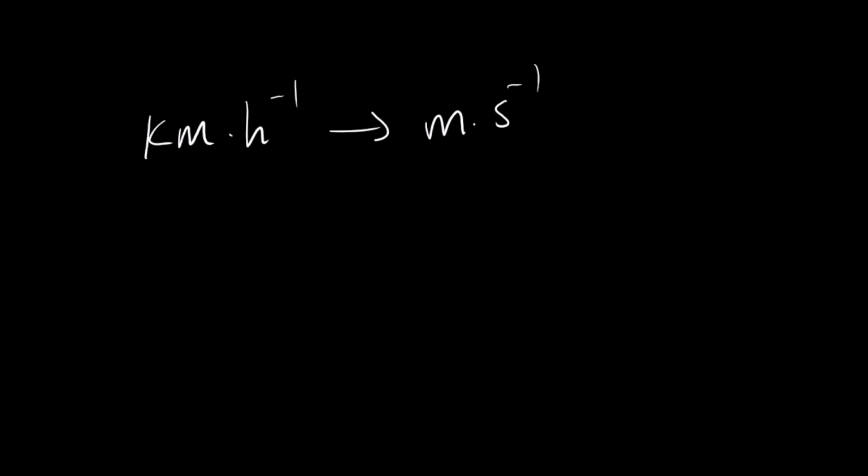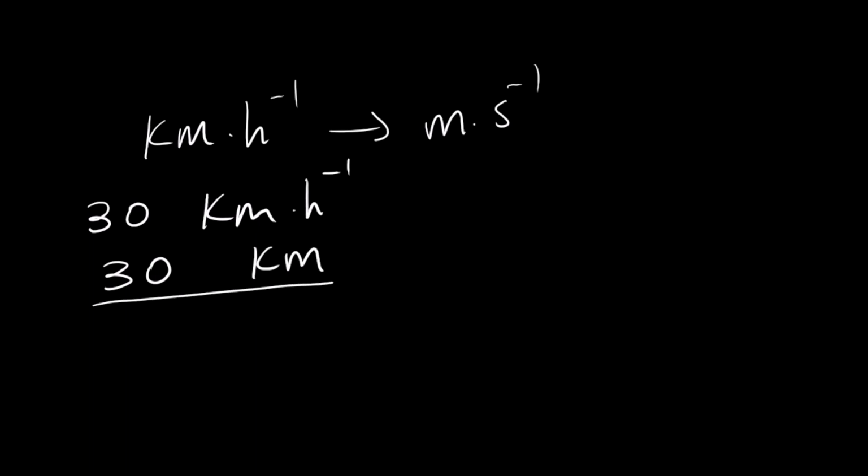Suppose we have 30 kilometers per hour. We want to convert 30 kilometers per hour to meters per second. Now we have 30 kilometer per hour is the same as this one.